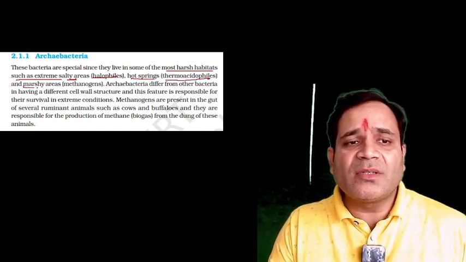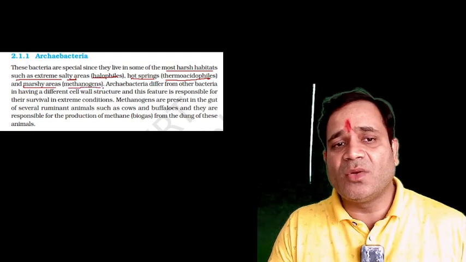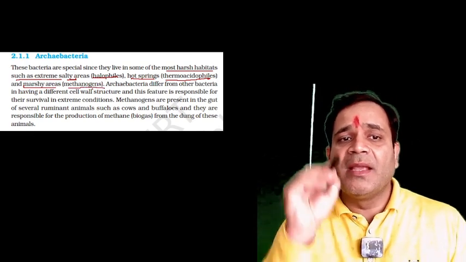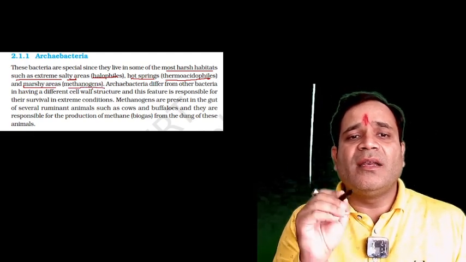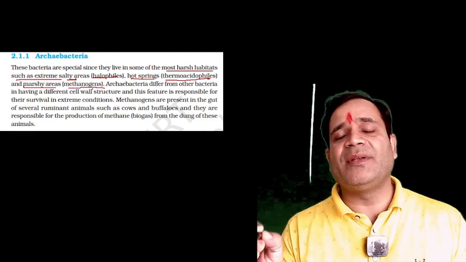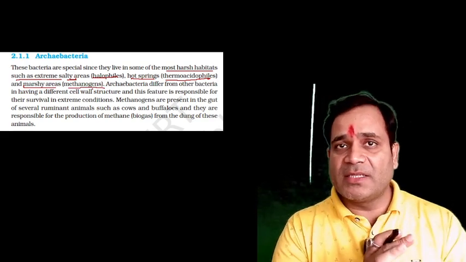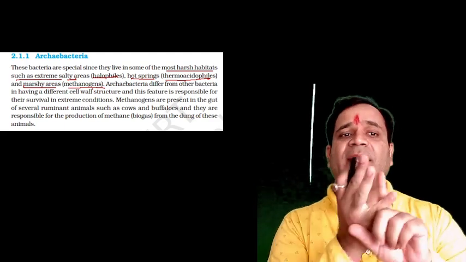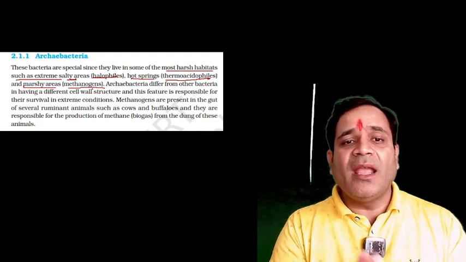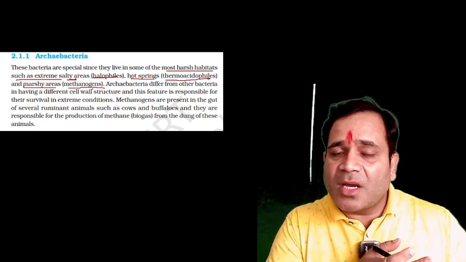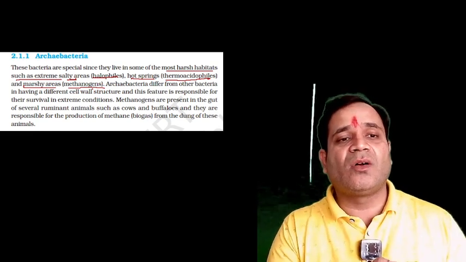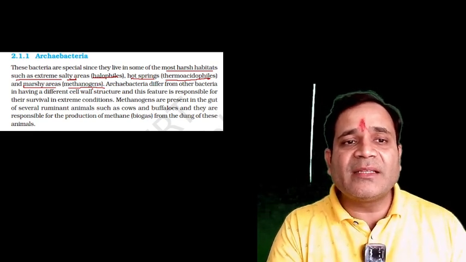If they are present in marshy areas, they are known as methanogens. So see here, these bacteria live mostly in harsh habitats. What are the harsh habitats? Here are three. One is halophiles. If I'm saying halophiles, it means what? Extremely salty area. If I'm saying thermoacidophiles, then it means what? Hot spring. If I'm saying here the what?